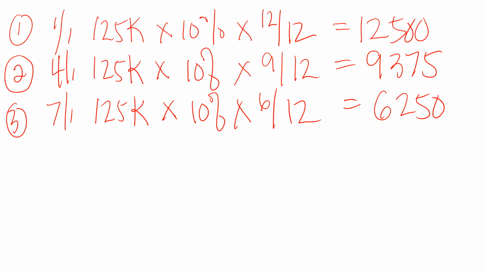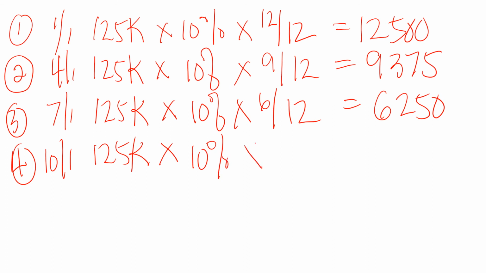And lastly, number 4, received on October 1, the another 125,000. So, multiply again by 10%, but this time, multiply by 3 over 12. Kasi, yung 125,000 na received on October 1 is only outstanding for 3 months lang. So, lalabas, this is 3,125.